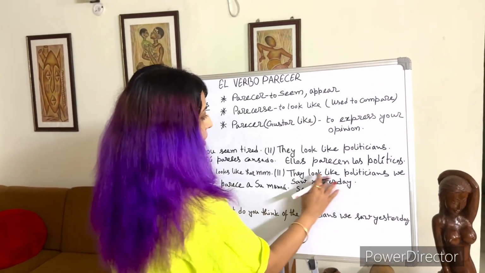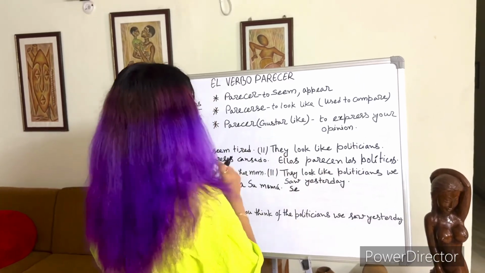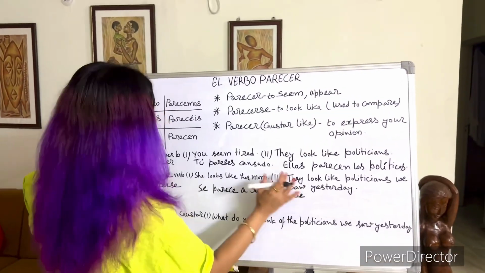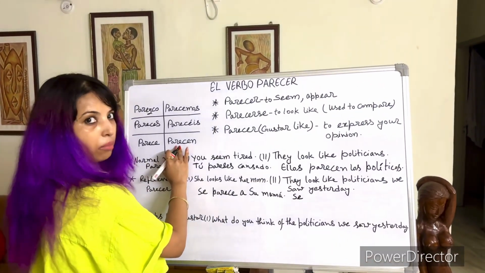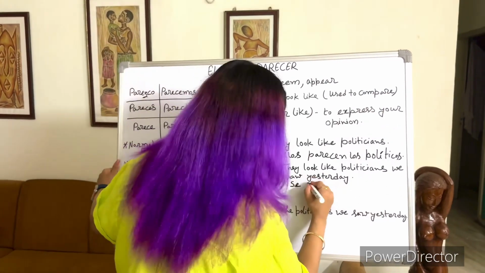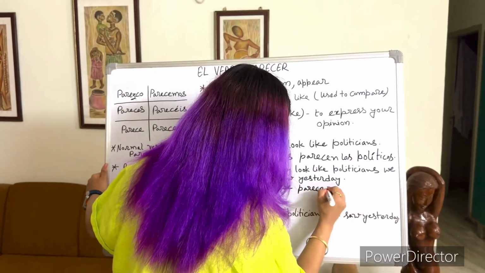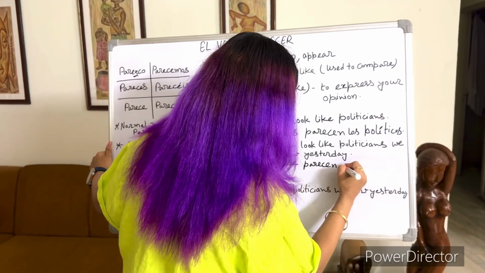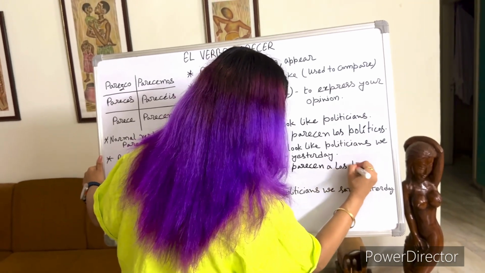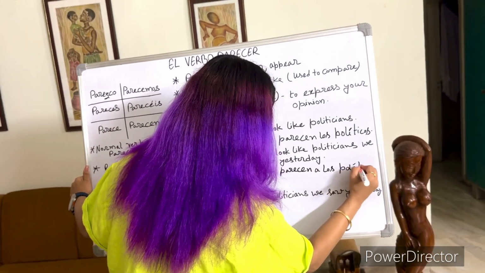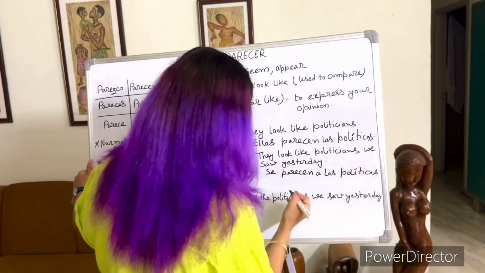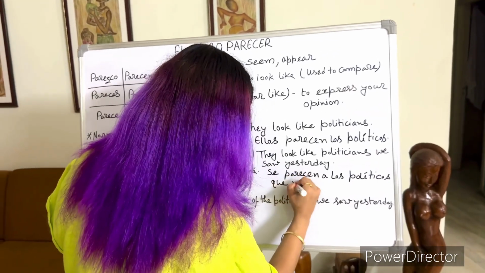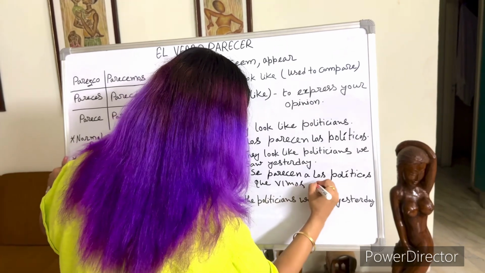Se looks like politicians, and then here it is third person plural, so we will be using the third person plural conjugation, parecen. Se parecen a los políticos que vimos ayer.